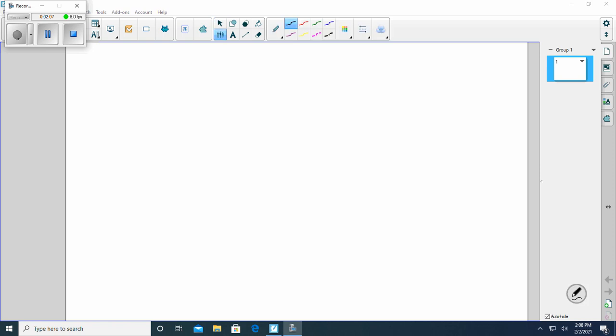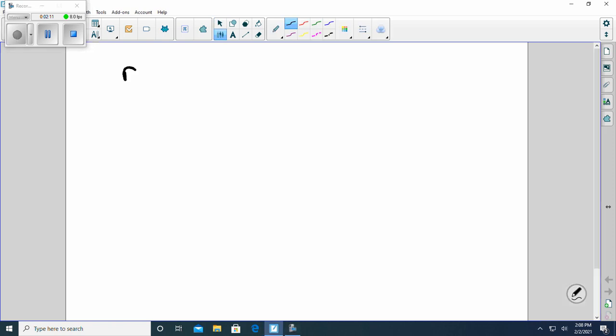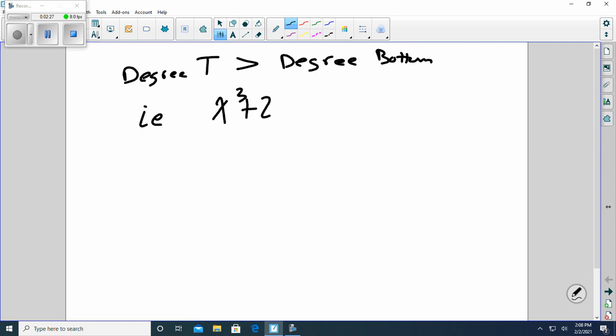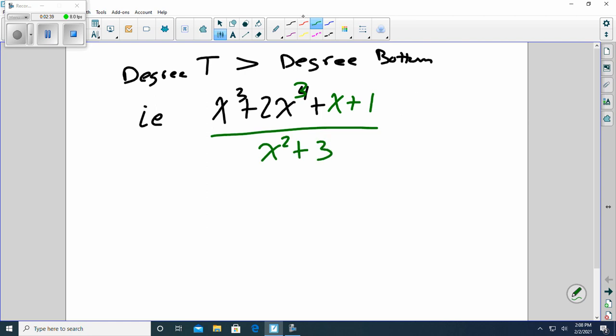So there are 3 types of asymptotes. So if the degree on top is greater than the degree on bottom, an example of that could be like x to the 3rd plus 2x squared plus x plus 1 over x squared plus 3.